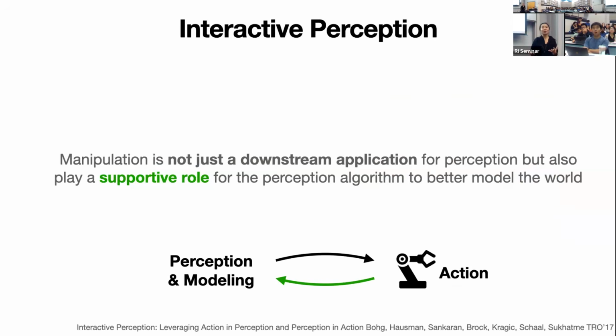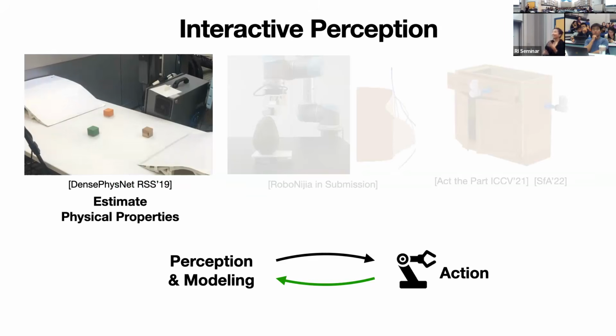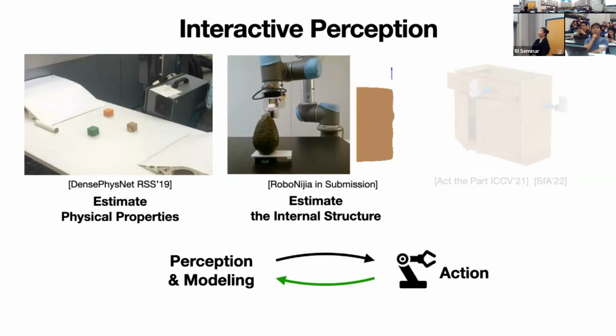If we put this concept into a robot system, that's what's called interactive perception. Under this formulation, manipulation is not merely a downstream application of perception, but can also provide a very useful supportive role for perception algorithms to build a better model of the world. For example, we can ask the robot to interact with different objects to estimate their physical properties. We can ask the robot to cut through an avocado to estimate its internal structure, where the core is and what its geometry is.